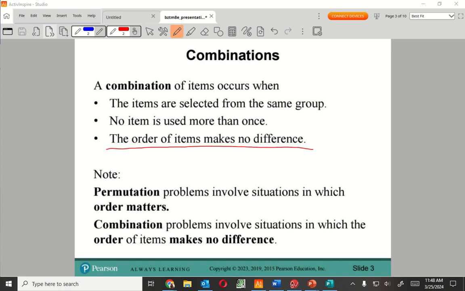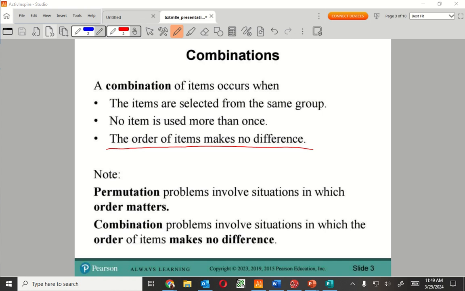A permutation, order matters. So that team that won all their games, guess what? They're the one that gets the first place trophy. Order matters on permutation. On combination, order does not matter. Everyone gets a trophy. Do you want a trophy? I already got a few. He's got all kinds of participation.